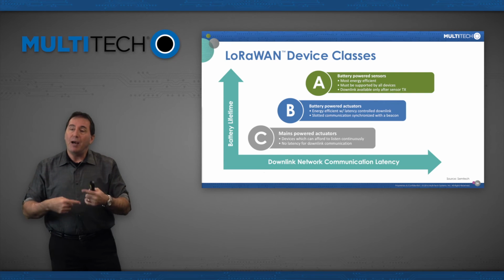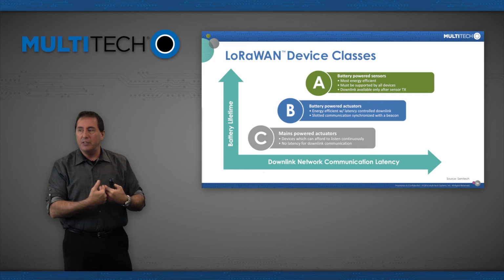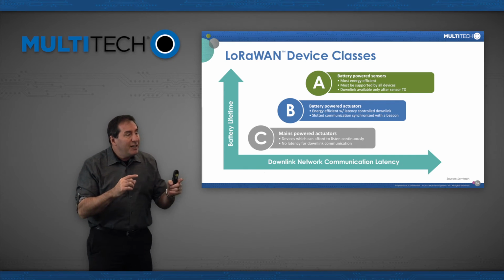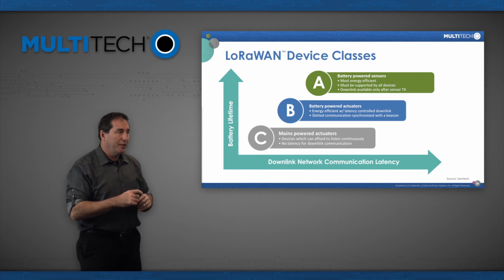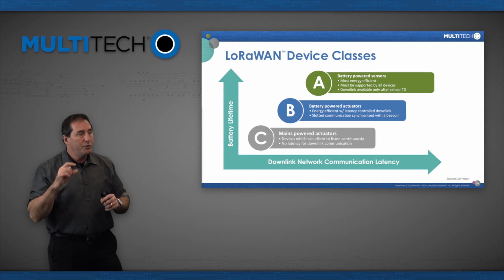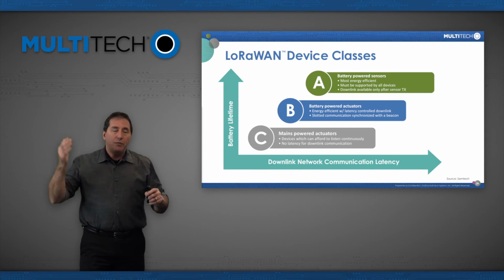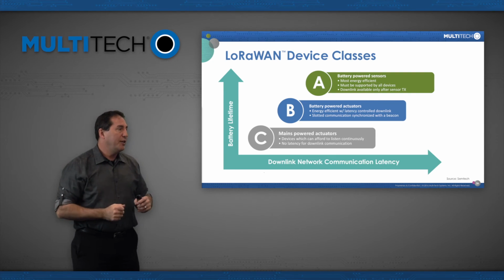Without using up too much power. The Class A device is mostly asleep most of the time, so it's using the minimal amount of battery power. B, you're awake a little bit more. You're not really transmitting, you're just awake a little bit more. So you're using a little more battery power, but for that, the network has far less effort or far less delay in talking to an endpoint when it needs to.